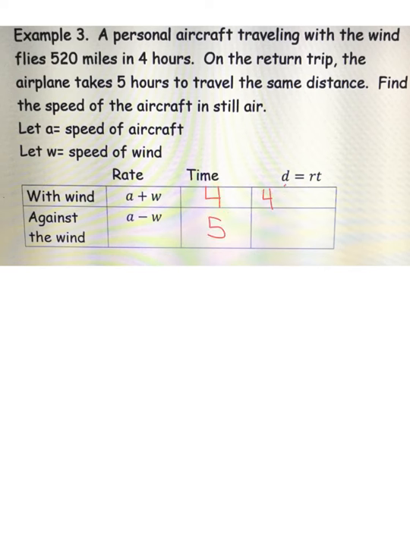So I have 4 times the quantity A plus W for my distance, and 5 times the quantity A minus W for my distance. So this one, we knew that the distance of the airplane is 520 miles, and the distances are the same.